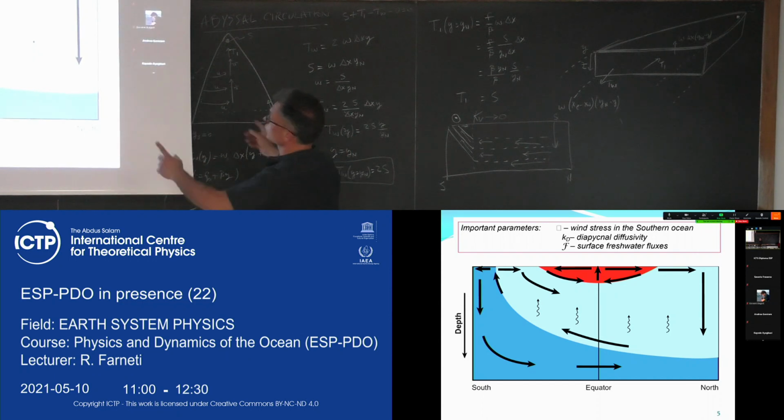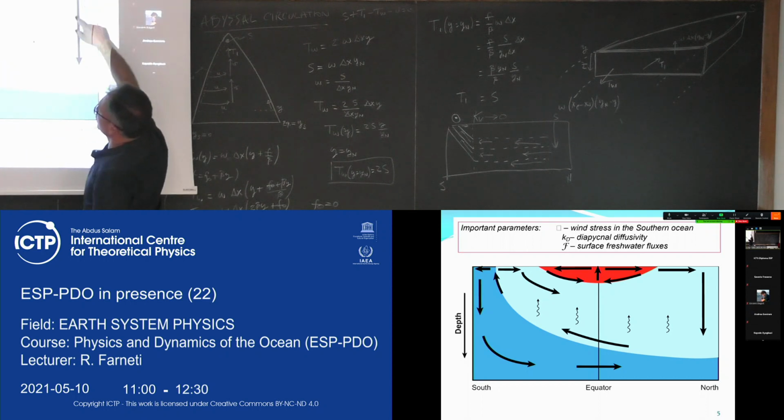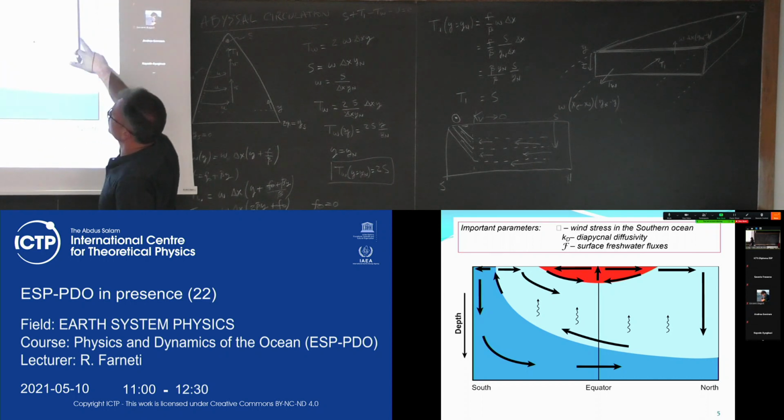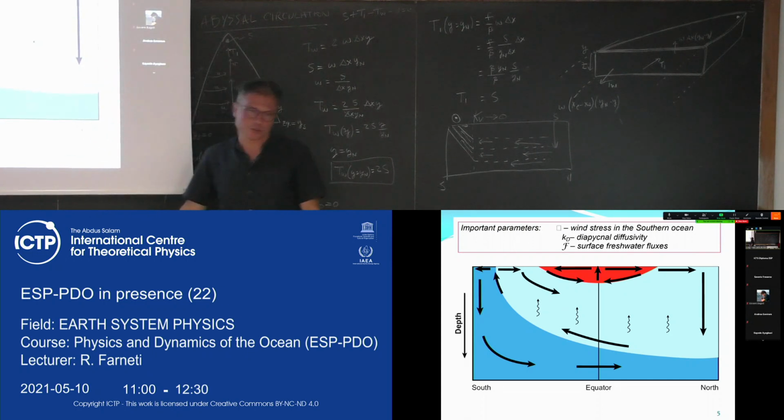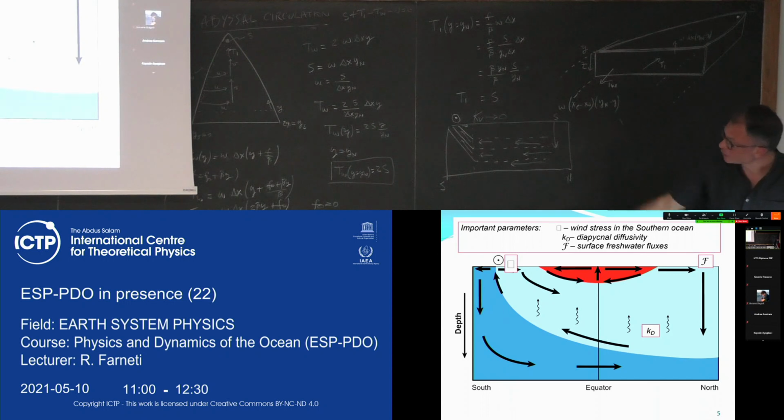Okay, buoyancy fluxes of the surface will give you the meridional gradient in buoyancy fluxes, generating this source of mass in the polar regions, and then wind stress and diapycnal diffusivity. That is supposed to be a tau.